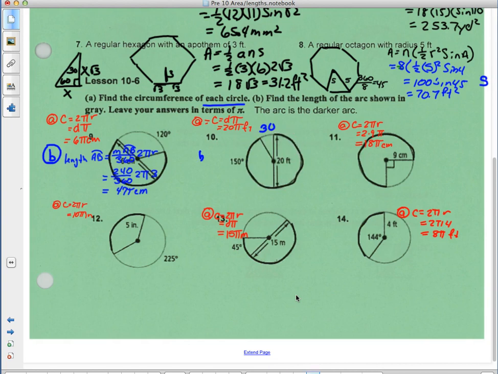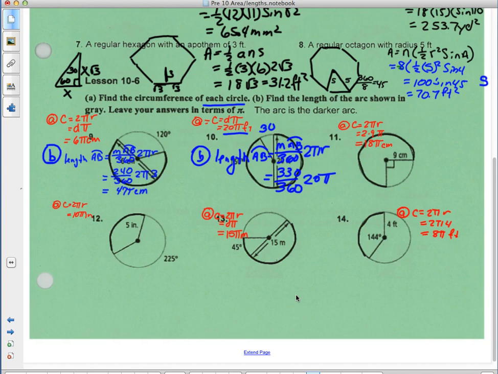So again, my B value, I'm going the length of arc AB is equal to the measure of arc AB over 360, and that's going to be with my 2 pi r. In this case, we already found my circumference. So I'm going to be looking at 330 over 360, and we got 20 pi we're going to be working with.